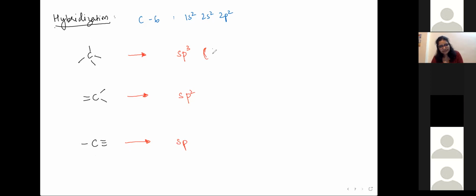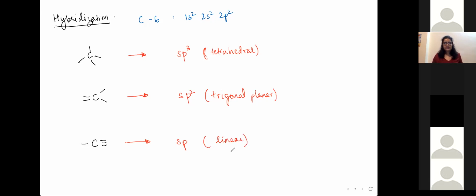Tetrahedral. That is absolutely right. What kind of a shape is this? Triangle planar. Trigonal planar. Yeah, close enough. And the shape when it is sp hybridized? Linear.